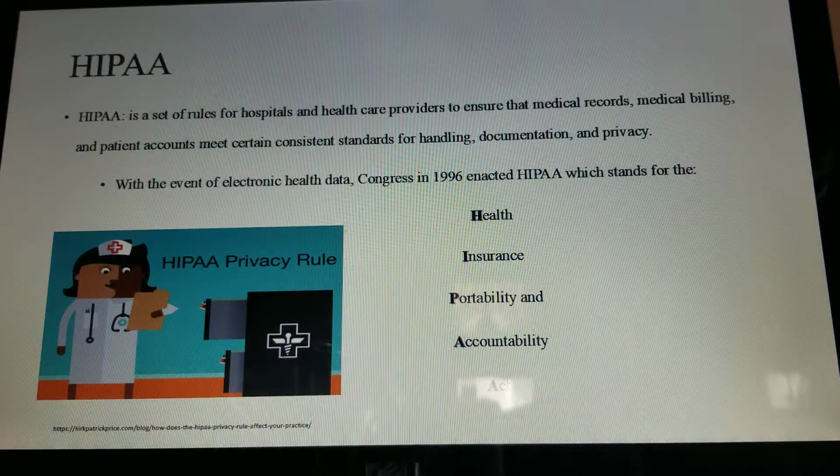With the advent of electronic health data, Congress in 1996 enacted HIPAA, which stands for the Health Insurance Portability and Accountability Act.